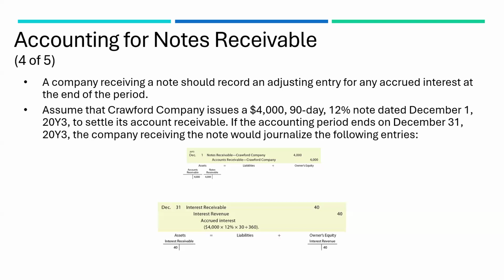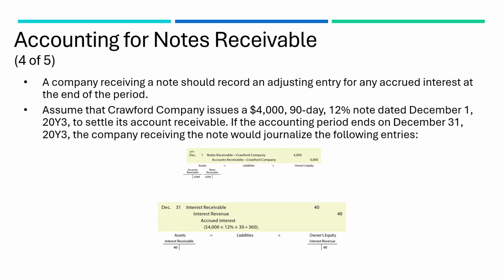So what we have to do is accrue the interest that's recorded so far so that our revenue is accurate. And so we have to use $4,000 times 12%, divided by 360 because we're using 360 days in a year.